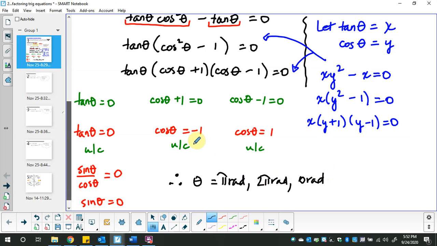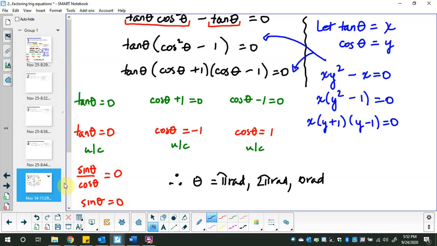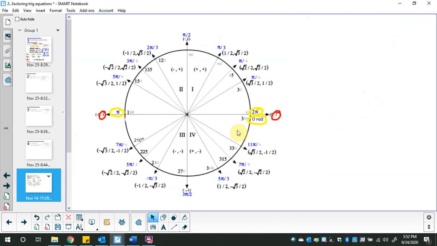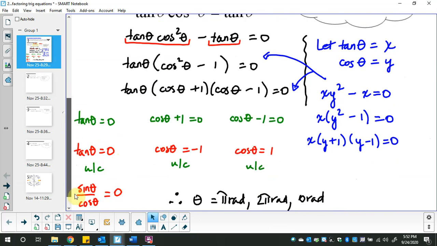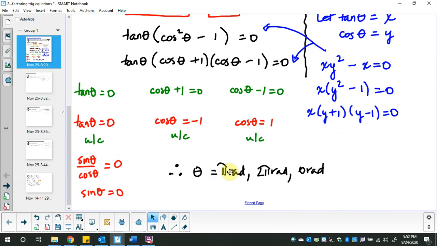Now I have to go searching for all the places where cos theta, the first coordinate, is negative and add the numbers to my list. So cos theta is negative 1 is here. And because I've got pi on my list, I don't have to write it down again.